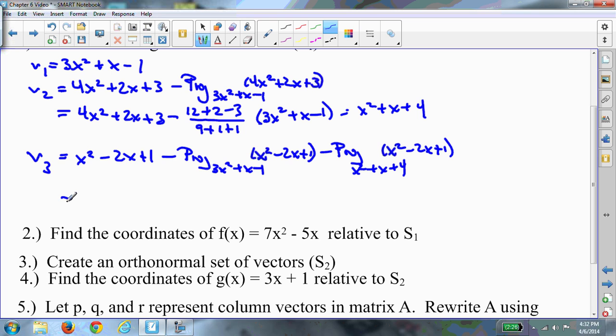So this basically becomes x squared minus 2x plus 1. If I dot the next two, I get 3 minus 2, which is 1, minus 1, which is 0, which is awesome, so it's already orthogonal to that.